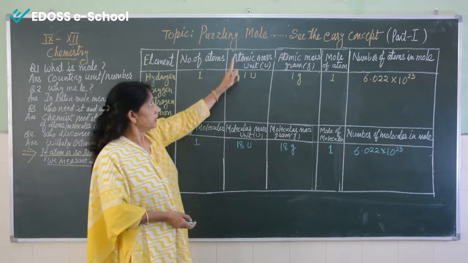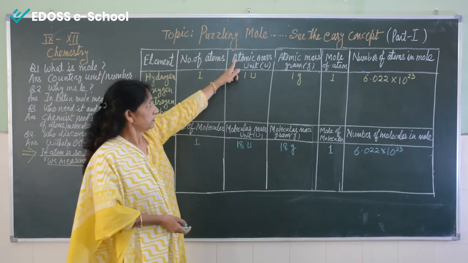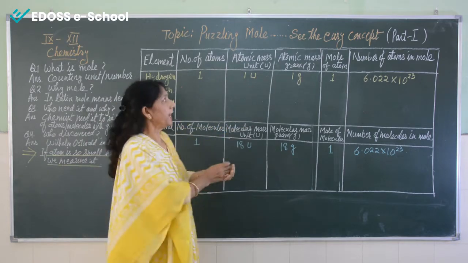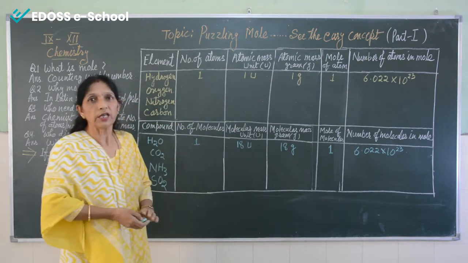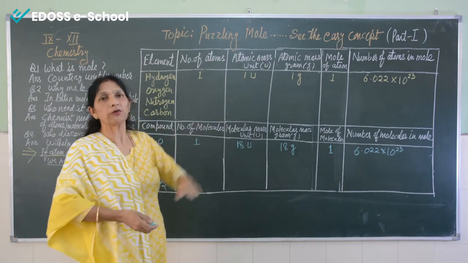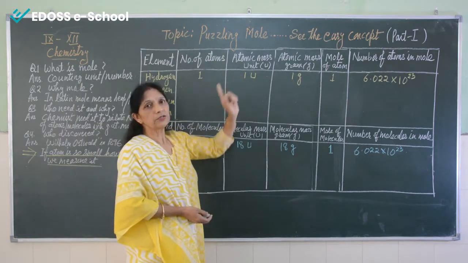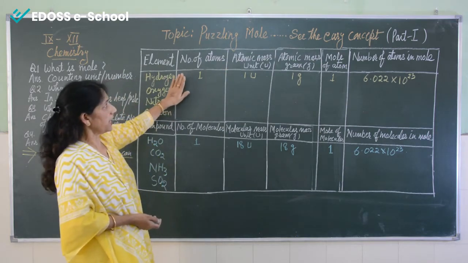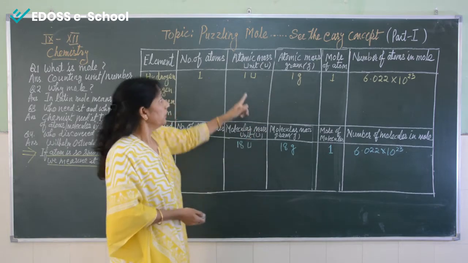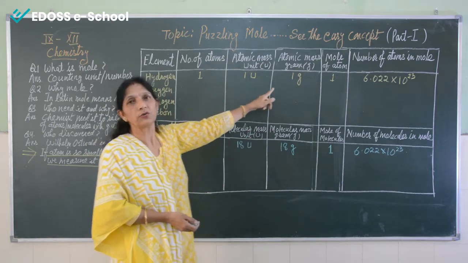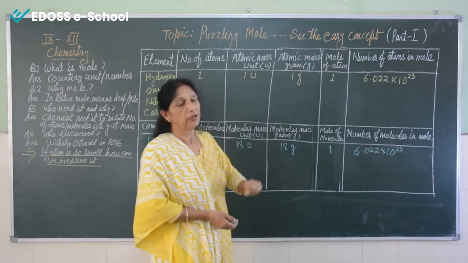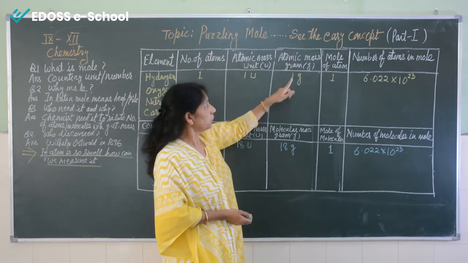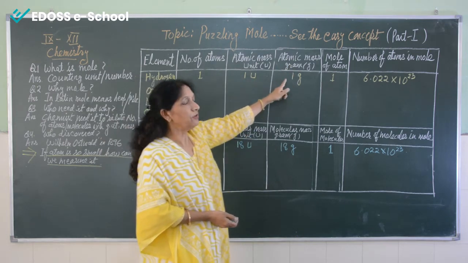The atomic mass of this one atom is 1, and the unit we use for it is U. Earlier AMU was used, but now it is changed to U. So the atomic mass of a hydrogen atom is 1U. If you want to know the same mass in gram, then the atomic mass in gram is 1 gram.